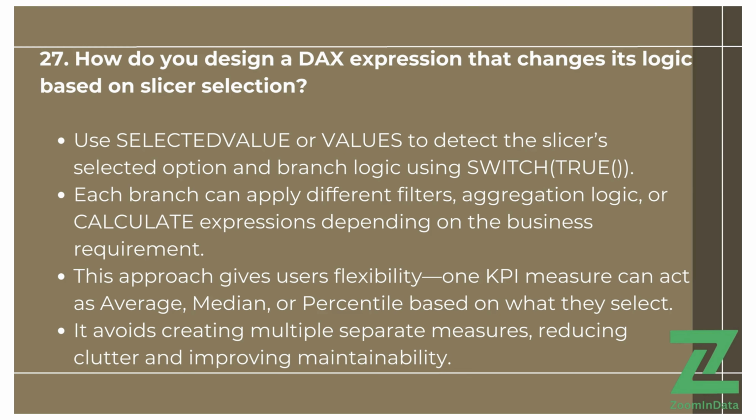This approach gives users flexibility, since one KPI measure can act as average, median, or percentile based on what they select. It avoids creating multiple separate measures, reducing clutter and improving maintainability.